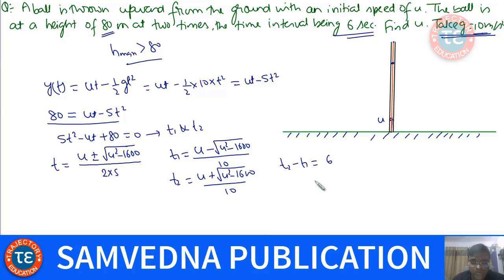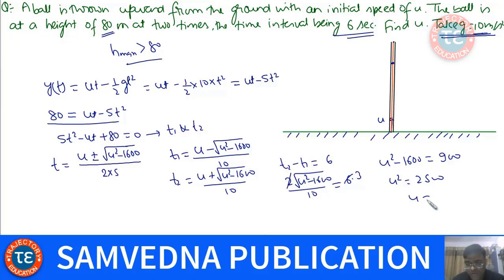So the u will cancel out, with 2 times root of u square minus 1600 equal to 6 times 10. So you just do the manipulation. So it is 1600 and this 30, and 30 square will be 900. Then do it yourself, 2500. So this u is 50 meter per second.